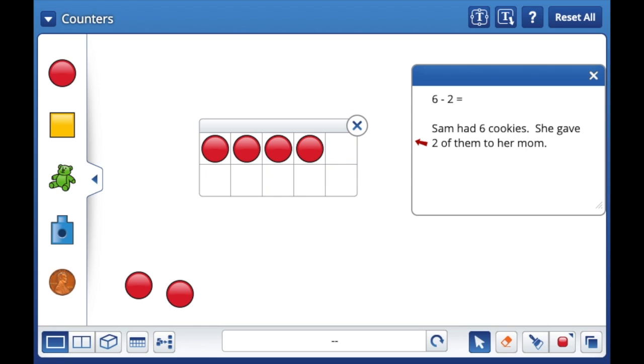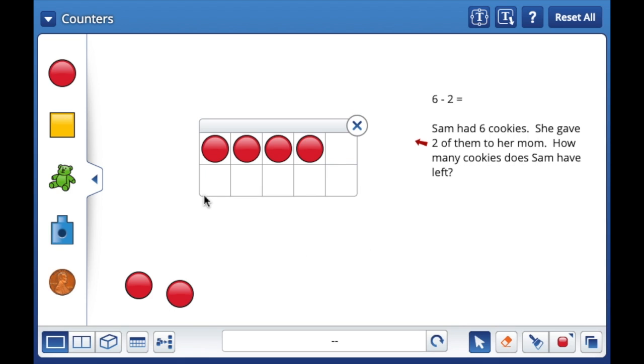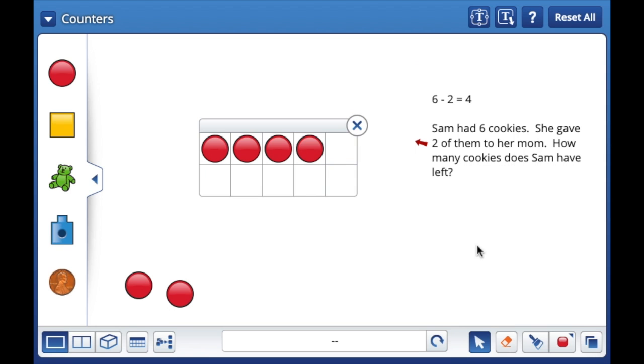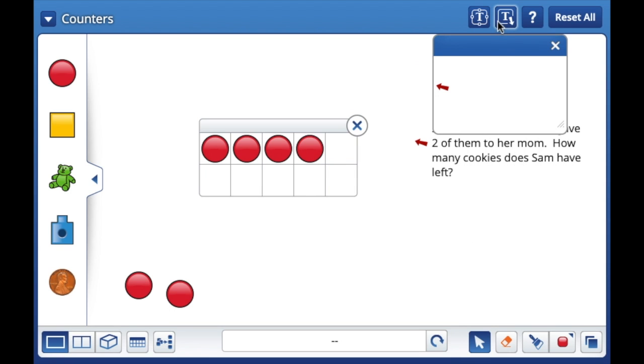How many cookies does Sam have left? And friends, what's the answer to that question? How many cookies does Sam have left? 4. Nice work, kindergartners.